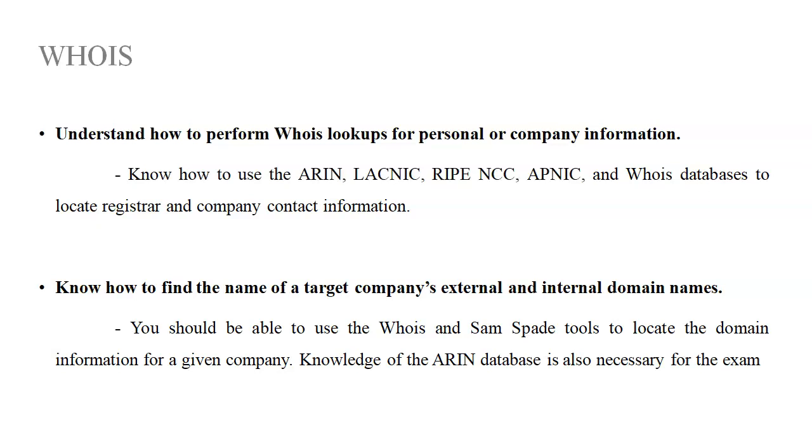Know how to find the names of the target company's external and internal domain names. It means you should be able to use Whois and some other tools to locate the domain information for a given company. Knowledge of the IRIN database is also necessary for the exam.